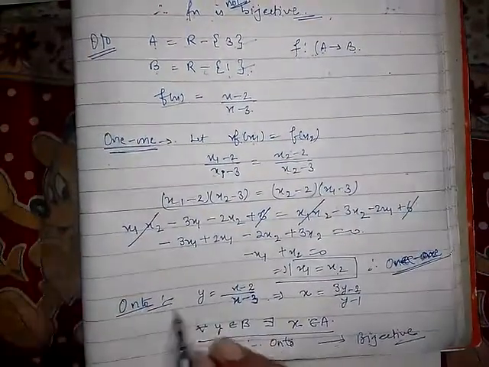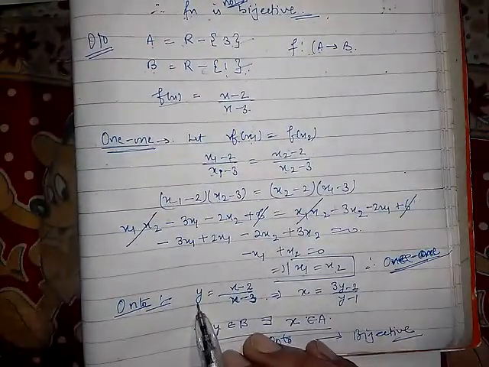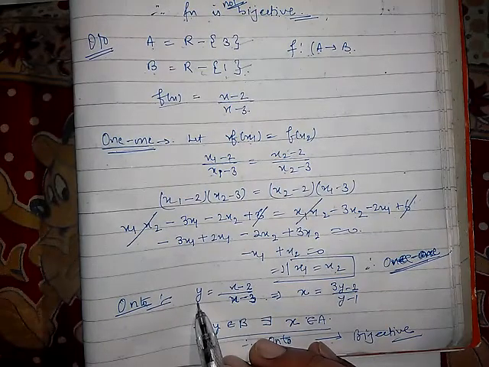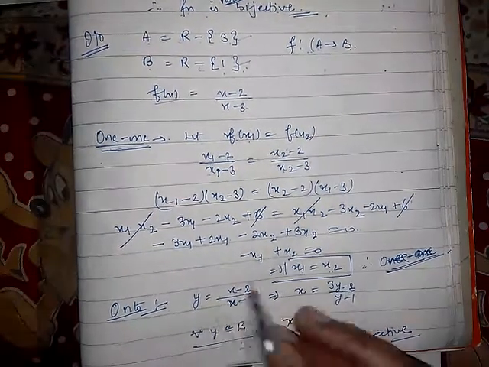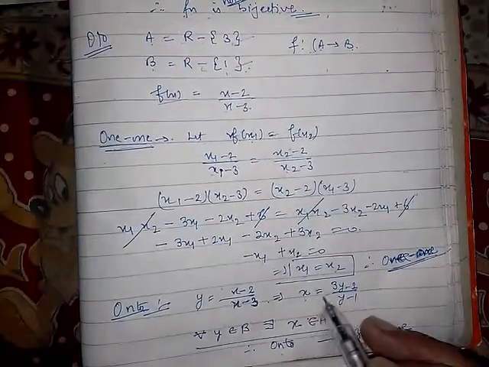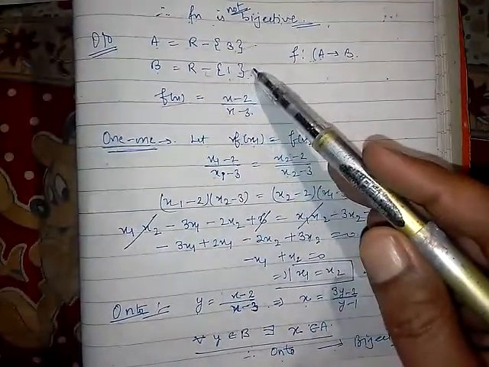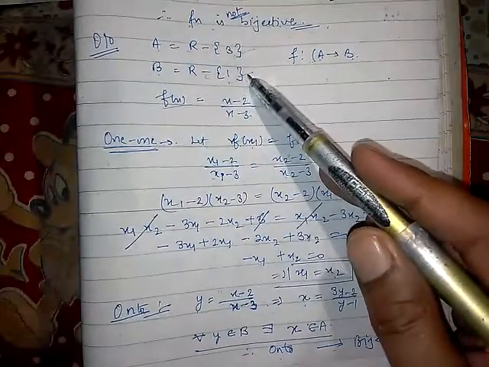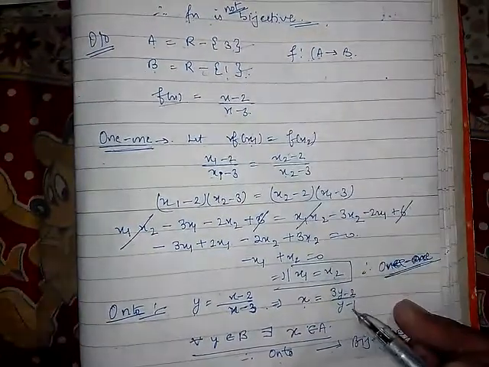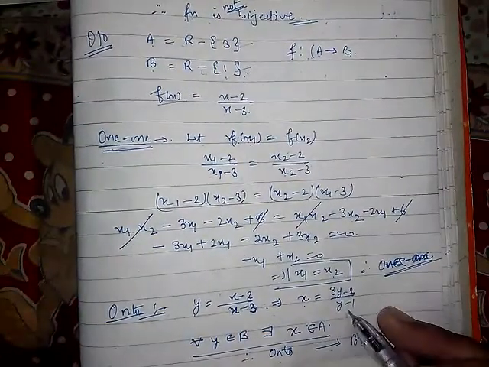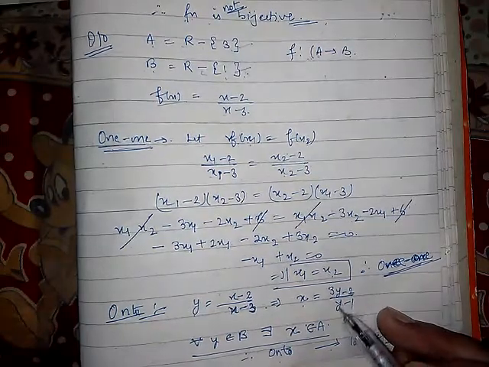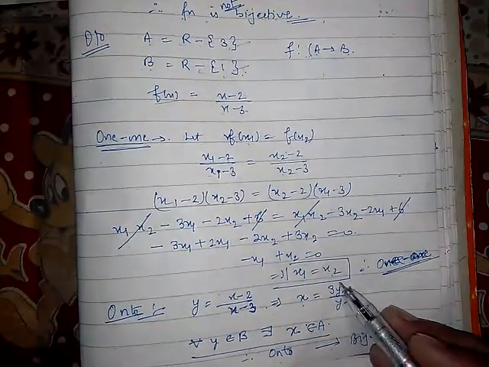For onto function you have to suppose again, let the given function be equal to y. Cross multiply and simplify and try to get x in the form of y. Now you can see the condition: y belongs to B, that is R minus 1, just exclude 1 from y. So you cannot put y equal to 1 here, otherwise it will be not defined.